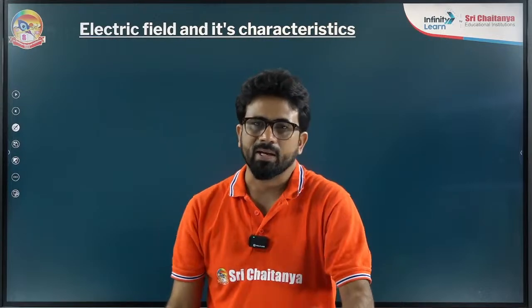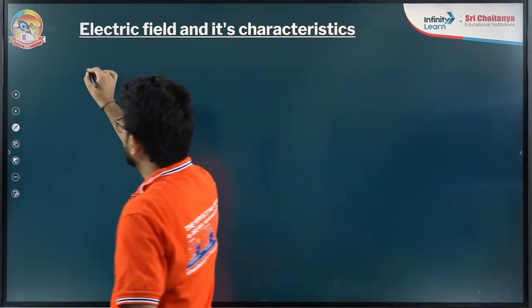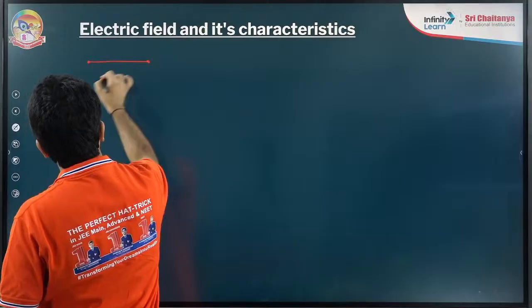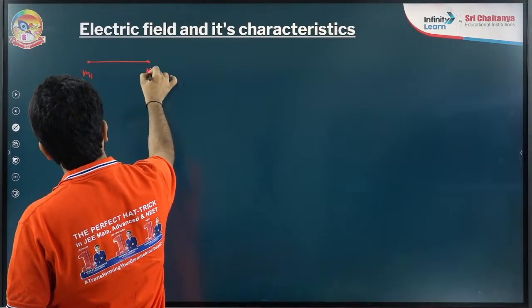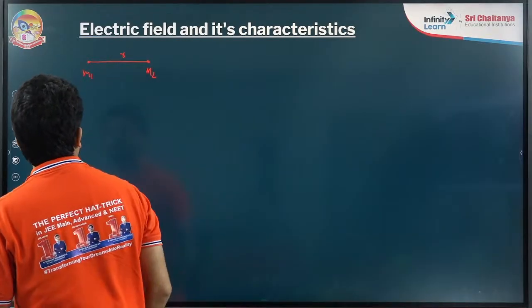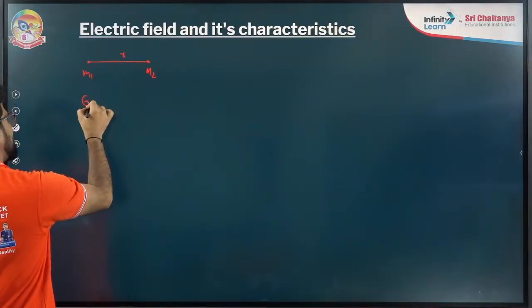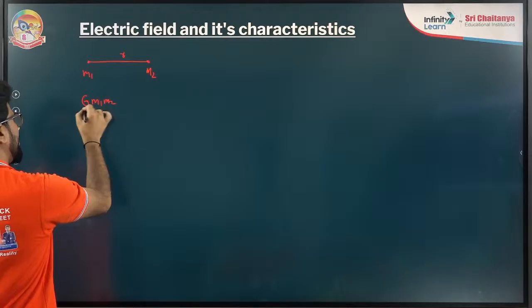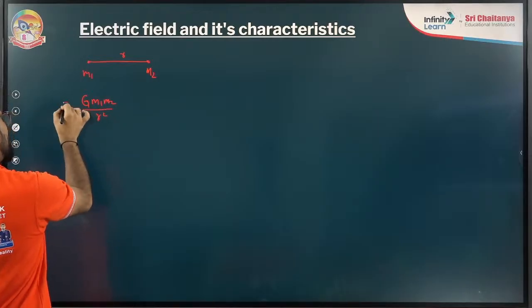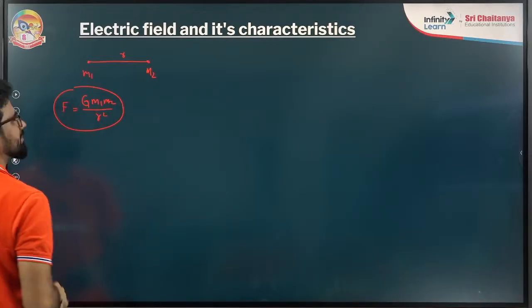In gravitation, there are two point masses, m1 and m2, at a distance r. The force acting between them is G m1 m2 by r square. This is given by Newton, Newton's law of gravitation.